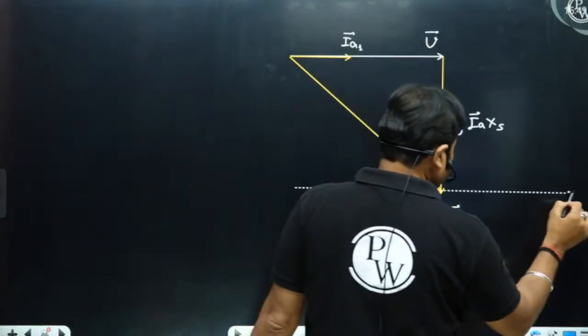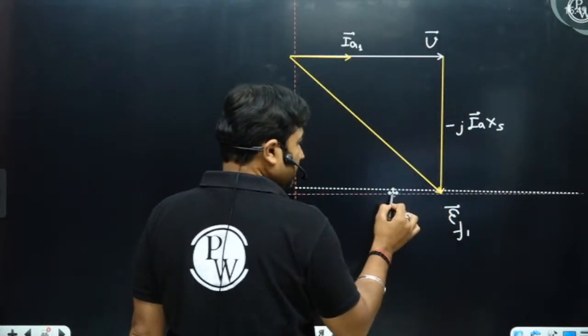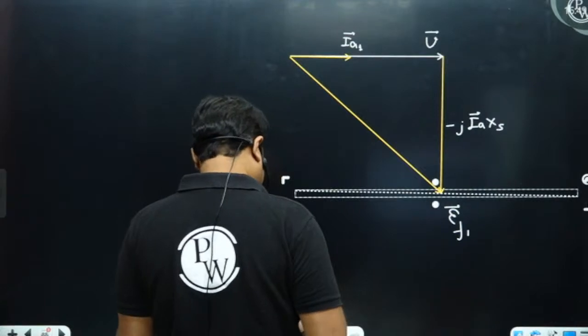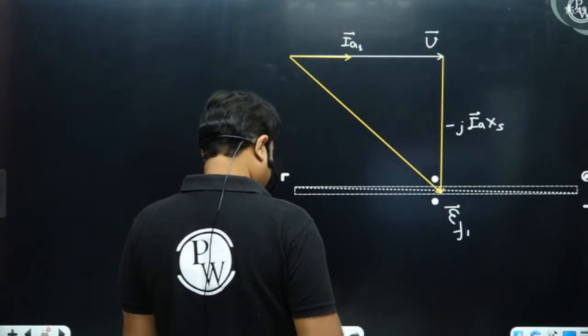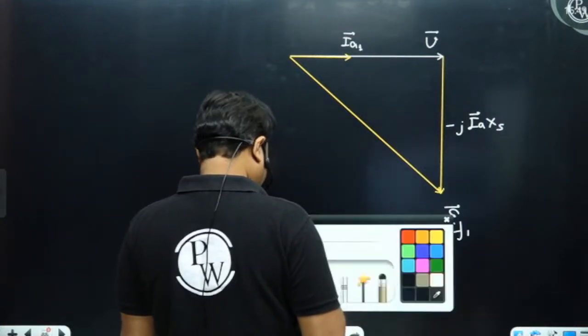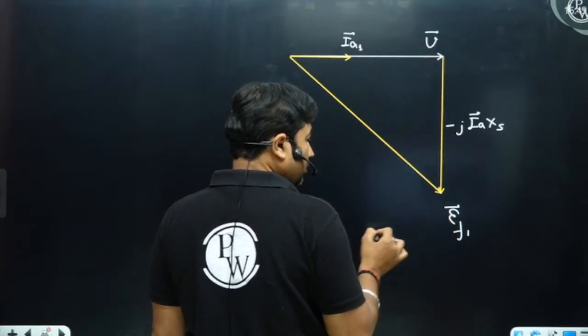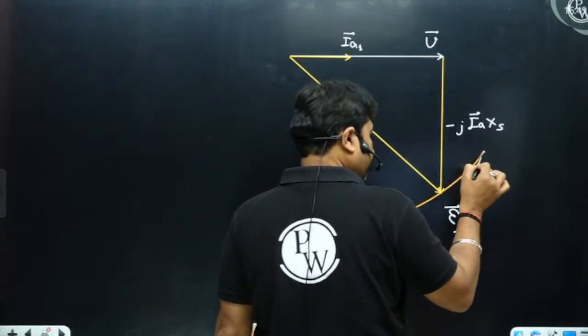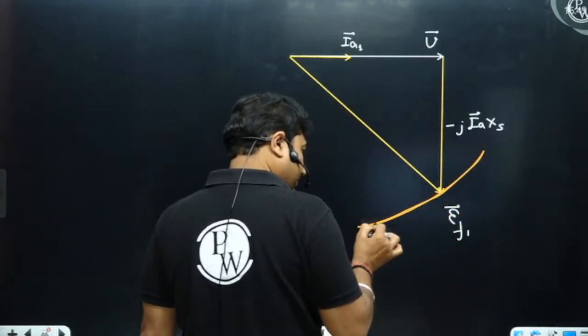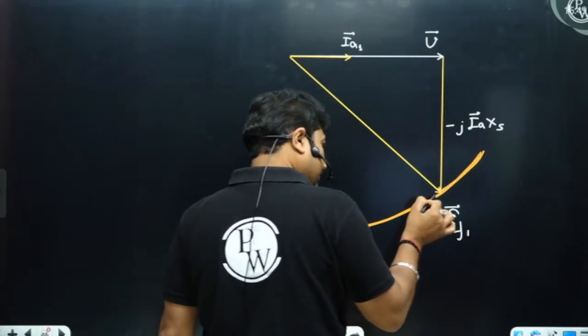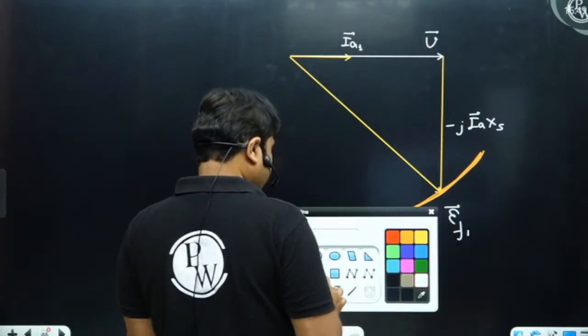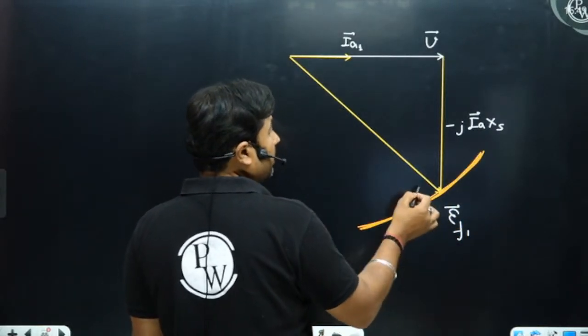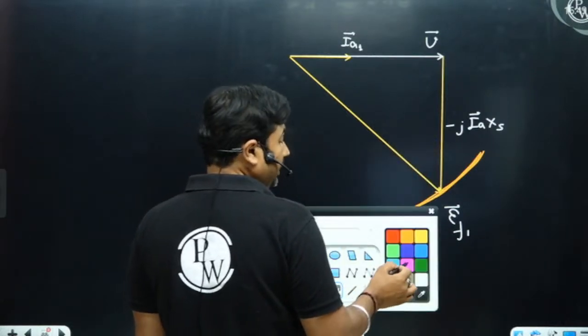It is given that the excitation is kept constant and the load on the motor is changed. Now the load is changed such that the motor will start drawing a current of 120 ampere.